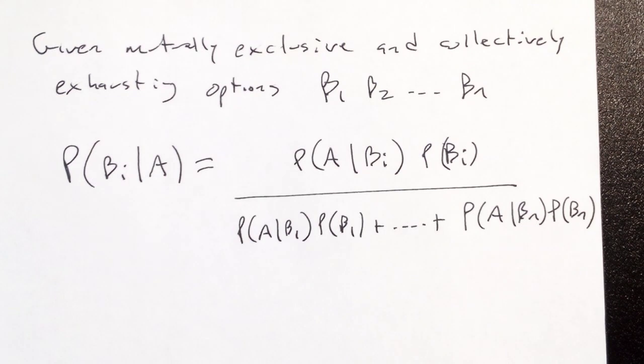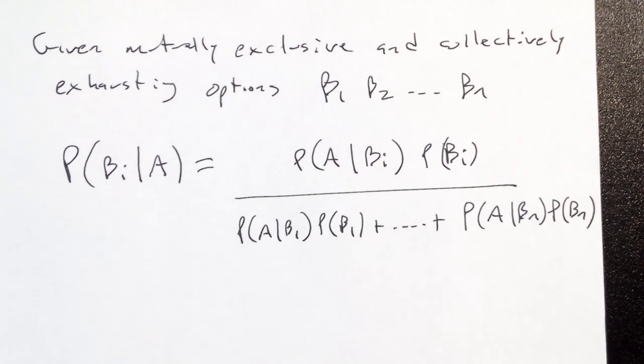Okay, first of all, what does mutually exclusive mean? There's no overlap. So each of those events is exclusive from each other. They're disjoint sets. What does collectively exhausting mean? Collectively means the whole sample space.